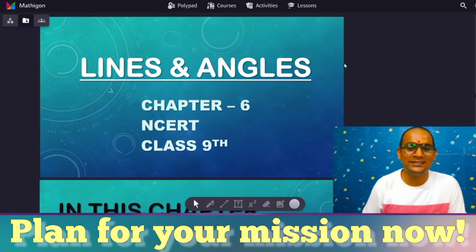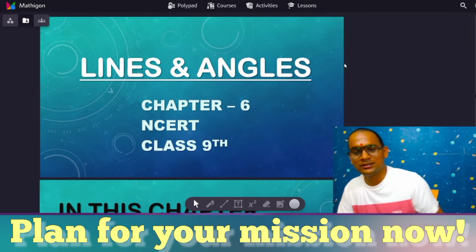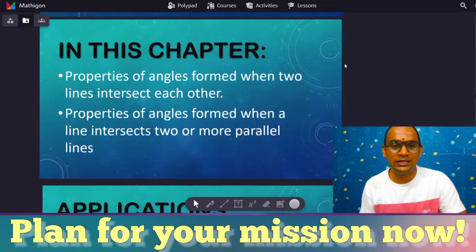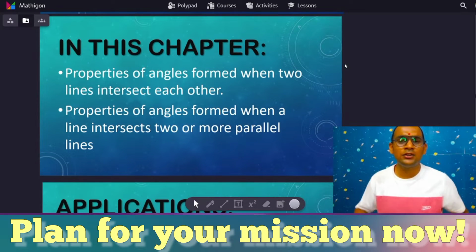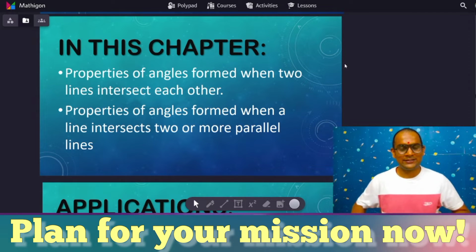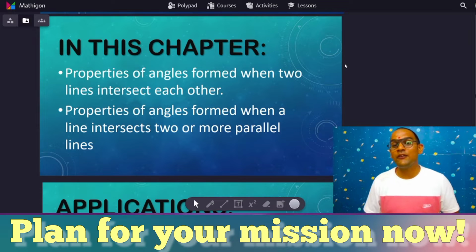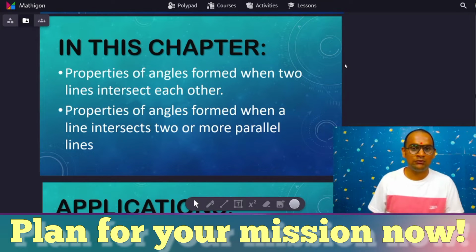Let's understand lines and angles, chapter number 6, class 9, NCERT. So what we are going to deal with in this chapter is, now we have already understood what are lines, what are angles. Now, something we are going to study right now is properties of angles formed when two lines intersect each other. We will be discussing vertically opposite angles.